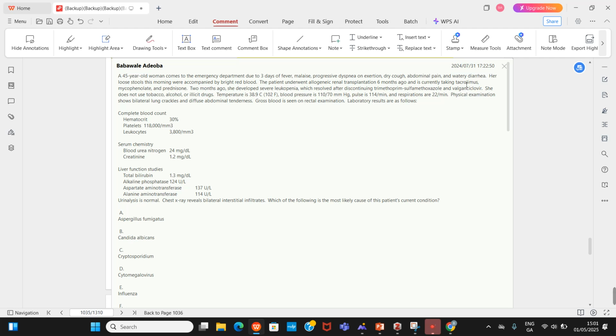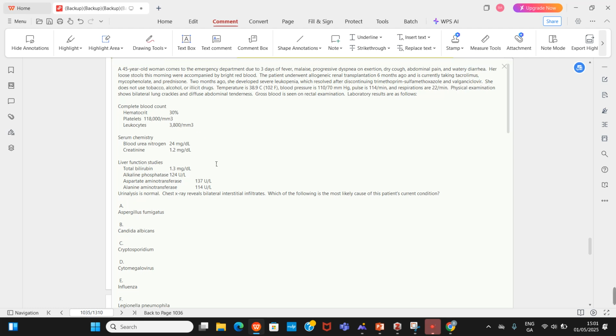She's currently on immunosuppressives and steroids, and she had leukopenia 2 months ago, and she stopped taking Septrin and vancomycin. She's still having fever right now, and there's elevation of liver markers. There's leukopenia, the platelet count is low, thrombocytopenia, and the X-ray shows bilateral interstitial infiltrates, with elevated liver markers. So what do we think?